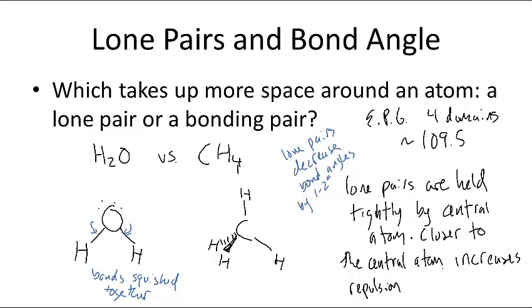So the bond angle in water is not 109.5, it's like 108, because those lone pairs are pushing the bonded pairs closer together. Make sense?